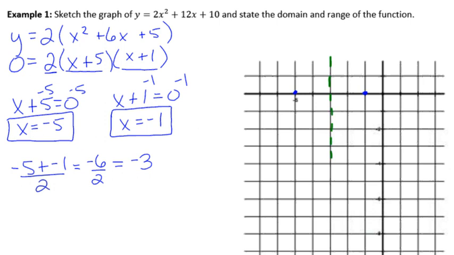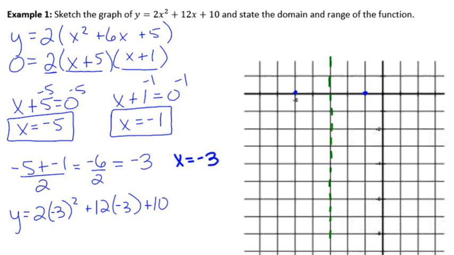So I know that that equation, that dotted line that would split my quadratic in half, is at x equals negative 3. Now we need to figure out what my y value is at that point. So I can just go to my original equation. Y equals 2 times negative 3 squared plus 12 times negative 3 plus 10. So what is my y value when my x's are negative 3?